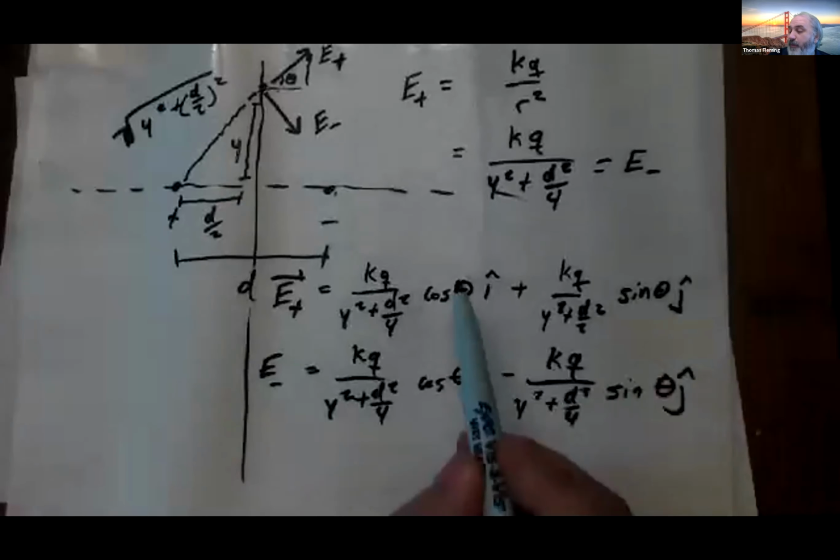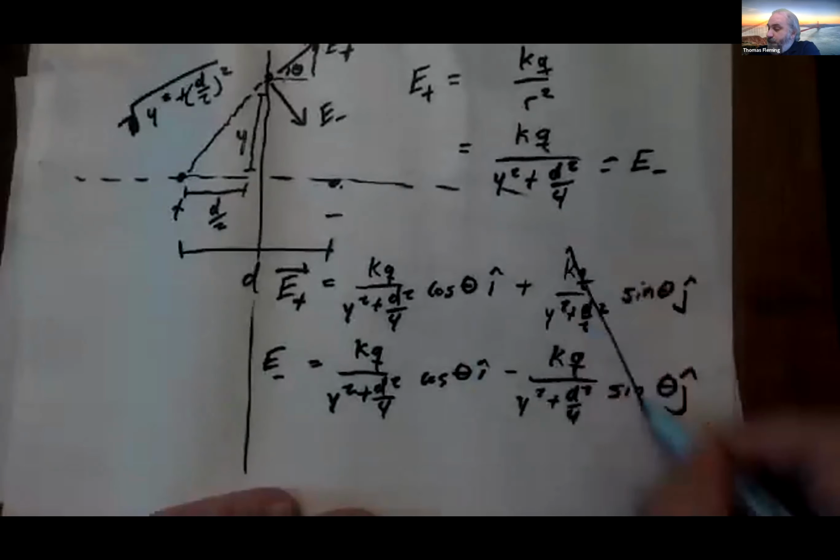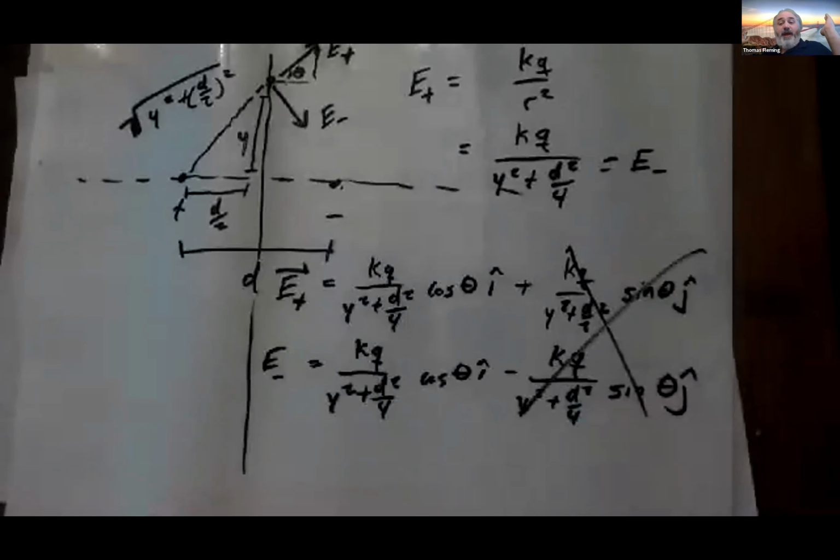Awesome. Now, I want to find the total electric field, so I have to add these two vectors together. But when you add vectors together, you add the x components to the x components and the y components to the y components. And what's really cool here is that the y components are equal but opposite. They're going to cancel. Don't care about those.